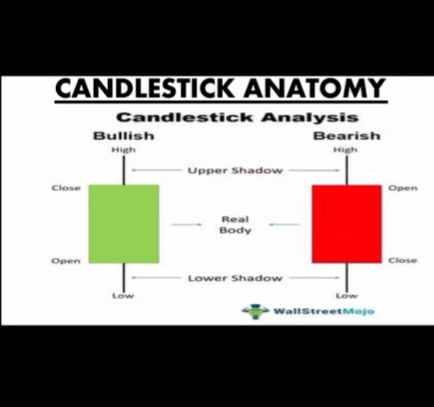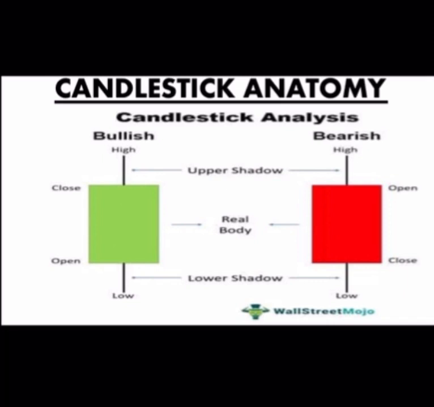Now you can see the wicks I'm talking about. The wicks are either the top wick, that's the upper wick, or the lower wick. The upper wick is known as a shadow, or we also call it a tail. Understand? This is applicable in both the bullish and the bearish candlestick.